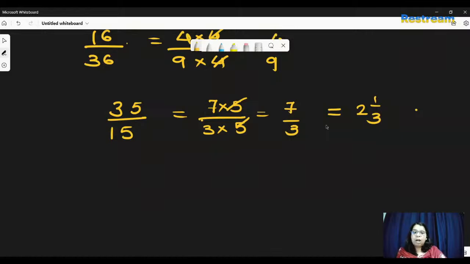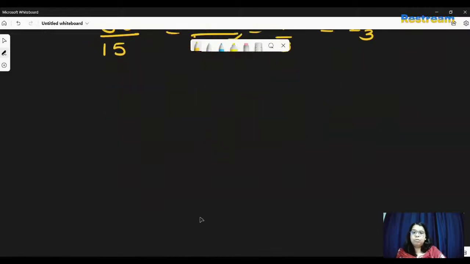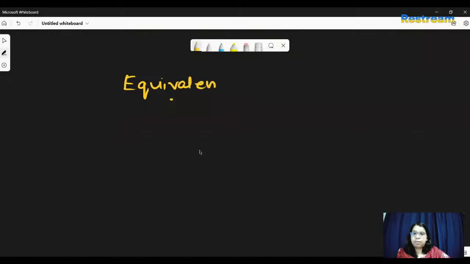Now after this, we are going to do something called equivalent form. So what does equivalent form mean? It is exactly opposite of the simplest form that we did. Let's say I have a fraction which is 2 by 3.